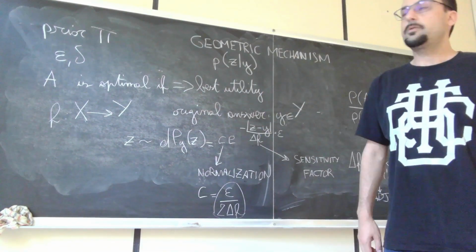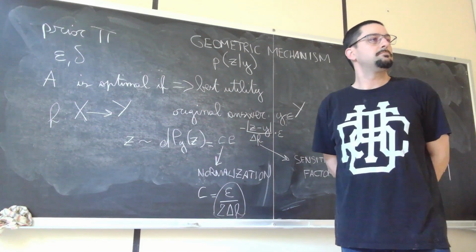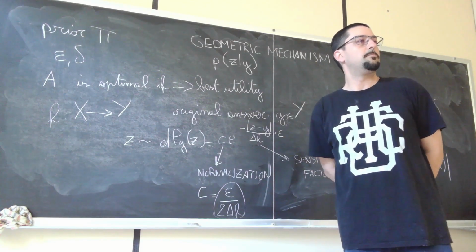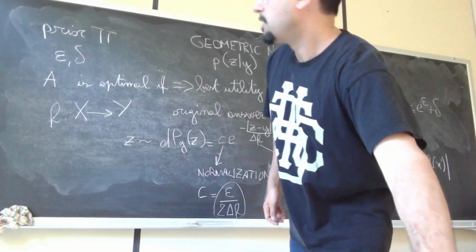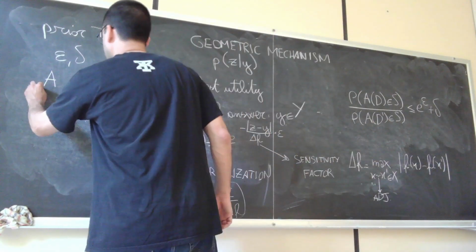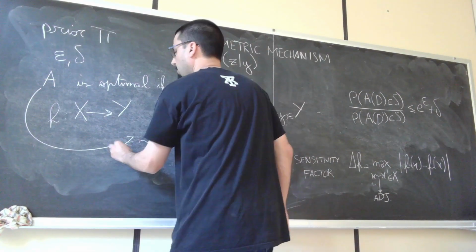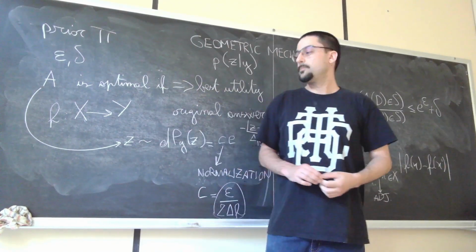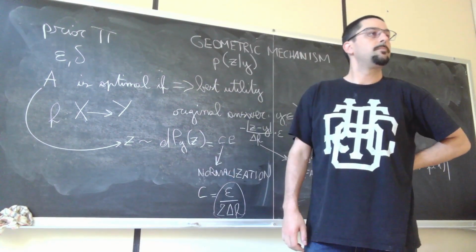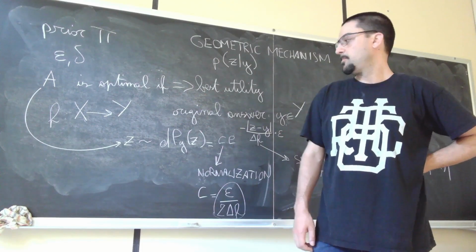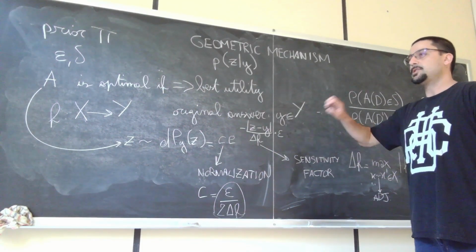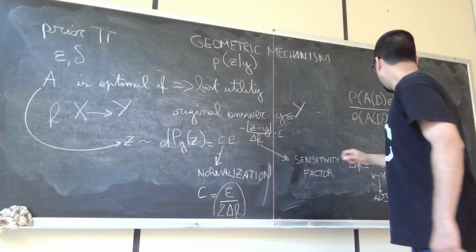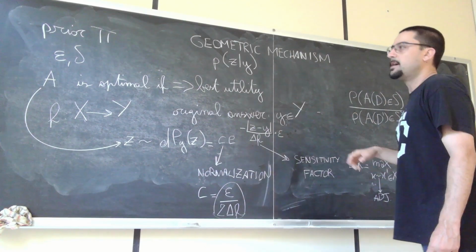And okay, questions so far? Yeah, we are returning Z. So A is returning this to the user. But delta is not used in this. Delta? Oh yeah, the small delta, this one. Actually, yes.